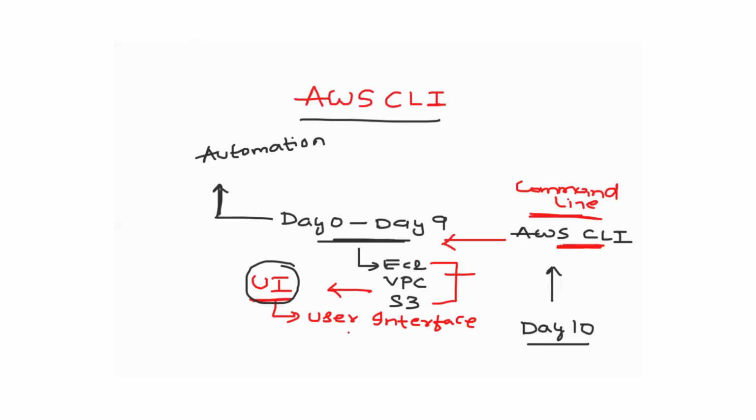Why am I saying this is not automation friendly? One of the primary responsibilities of DevOps engineers or AWS administrators is infrastructure management. In some cases, this is also called infrastructure automation. You can consider it as management or automation.